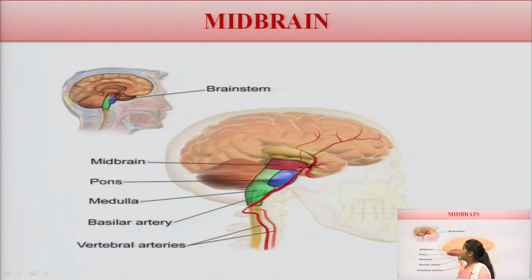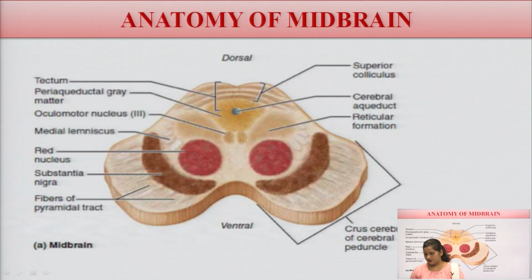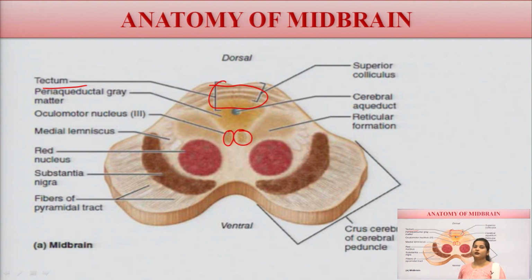Now this is the structure of the midbrain. Then there is the cerebellum. If we cut the midbrain, it looks like this. This area is known as the tectum, and this is the oculomotor nucleus, third.